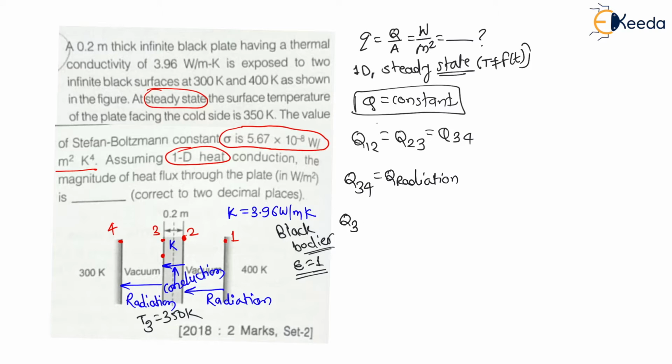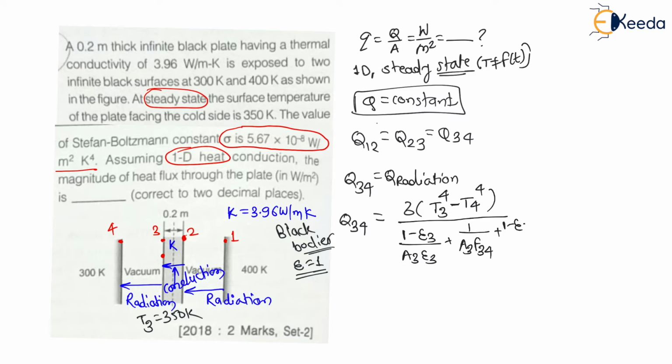Therefore, the radiation heat transfer between 3 to 4 is given as sigma, the Stefan Boltzmann constant, times T3 power 4 minus T4 power 4, divided by (1 minus emissivity 3) divided by (area 3 emissivity 3), plus 1 upon (area 3 F 3 to 4), plus (1 minus emissivity 4) divided by (area 4 emissivity 4), right?